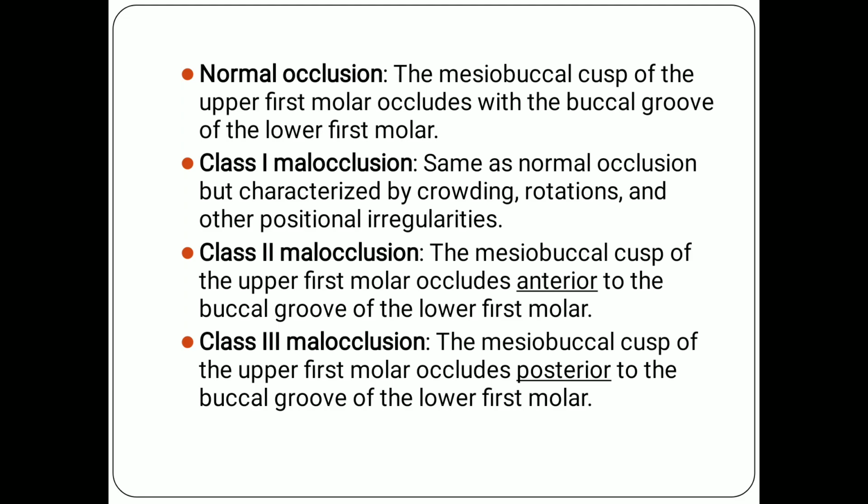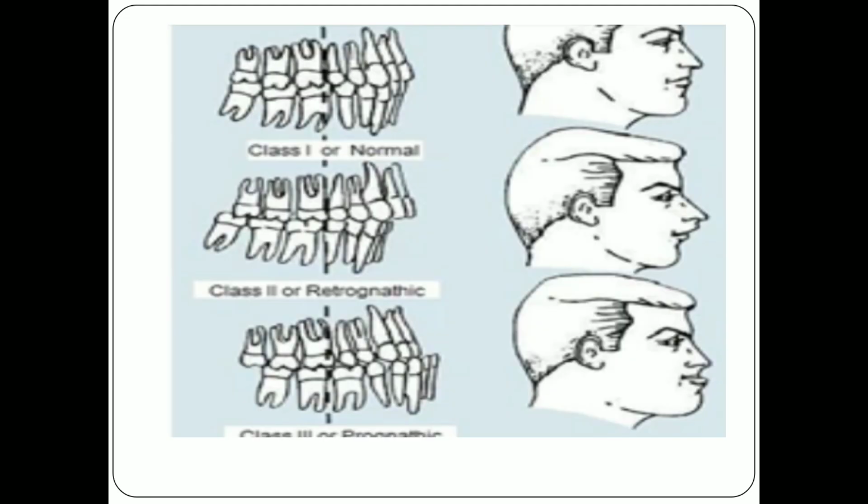So, observe normal occlusion, class 1, class 2, class 3. You need not worry more about this, because when you go to your clinical postings, particularly in the ortho department, they will explain in detail the difference between occlusion, malocclusion, everything. These are the pictures resembling them. You can see class 1, class 2, class 3.